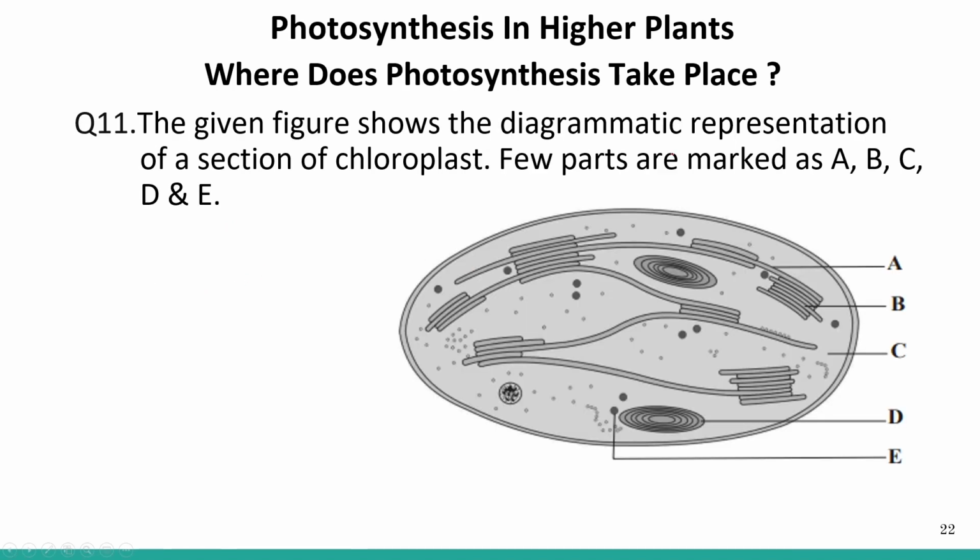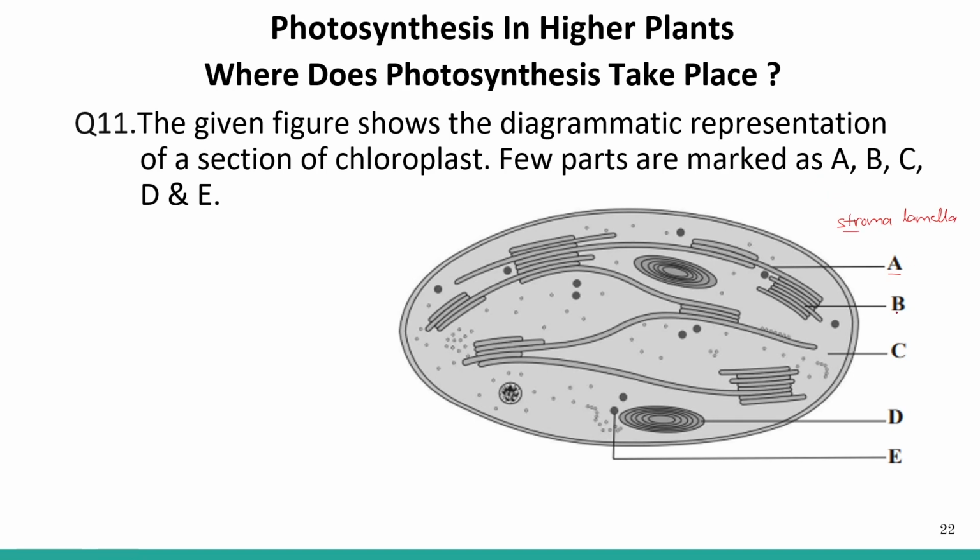Let's talk about this figure. What is A? A here is stroma lamellae, or you can say stroma thylakoid. These are involved in the light reaction.